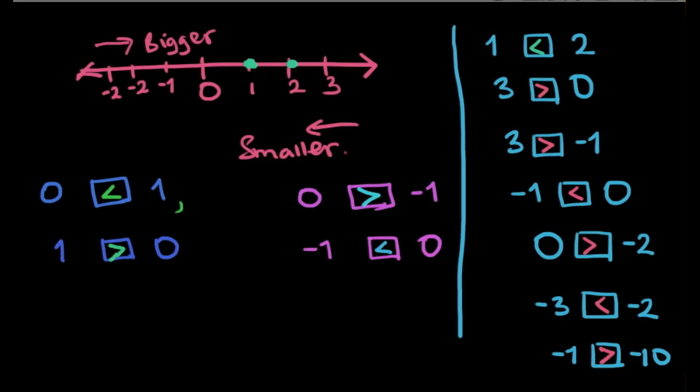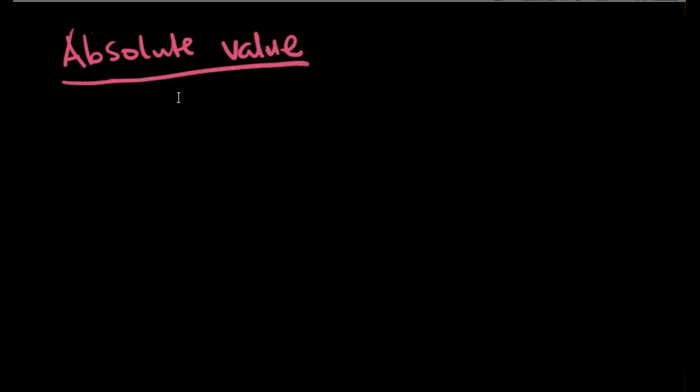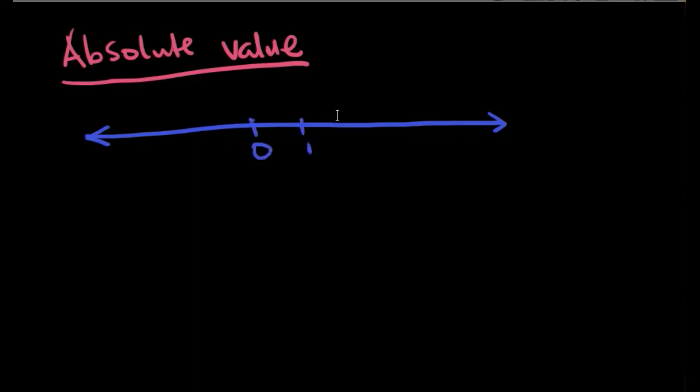Now, the other thing that I feel you should know is about the absolute value. Absolute value means the distance of a number from 0. So look at this. This is 0, 1, 2, 3, 4. And maybe this is -1, -2, -3, and -4.